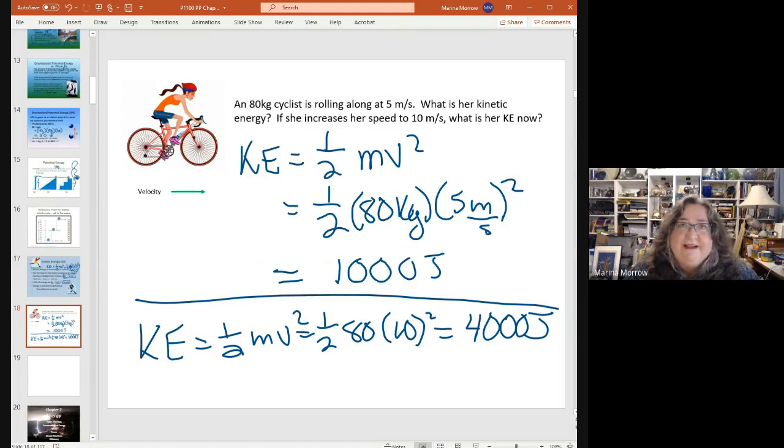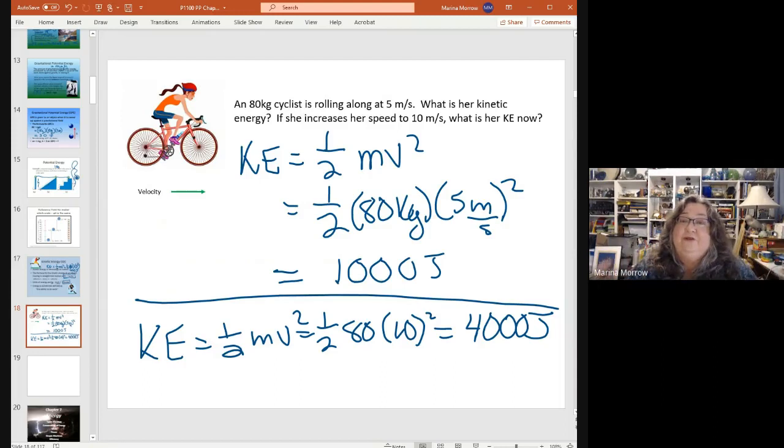This is one of the things that happens in kinetic energy. Because the formula has the square of the velocity, as you change the velocity, you get big changes in energy for smaller changes in velocity. Like here, we doubled the velocity, but because it gets squared, that's 4 times more energy than we had before.